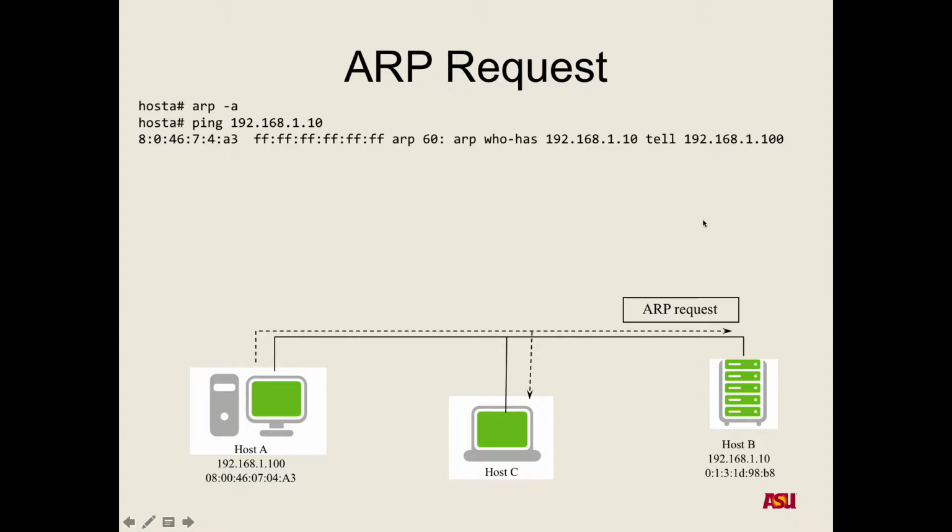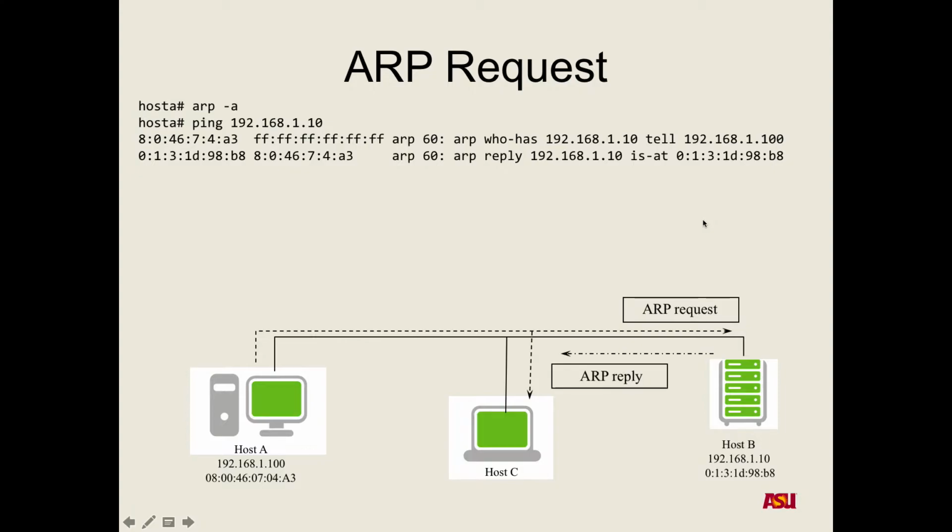Right? So now host A gets a reply back. What does host A know for certain at this point? Something replied. So it knows that it got a reply to its initial request, right?